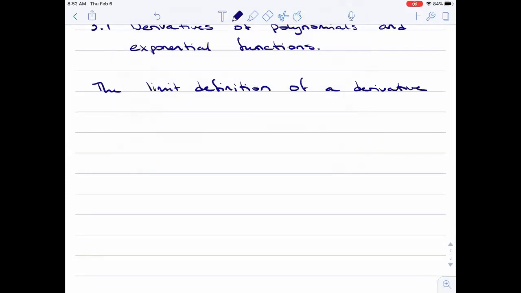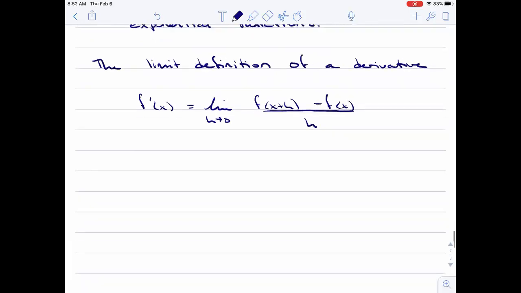The derivative is a function, but I feel like I should be more specific. f prime of x is the limit as h goes to 0 of f of x plus h minus f of x, over h.